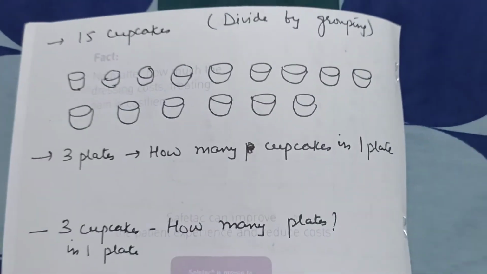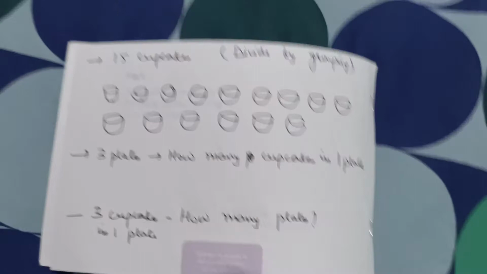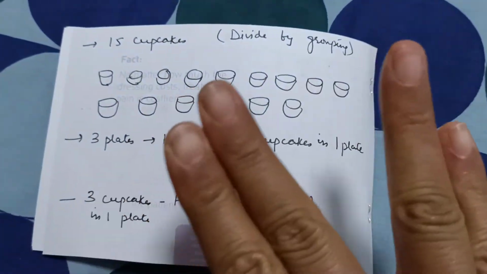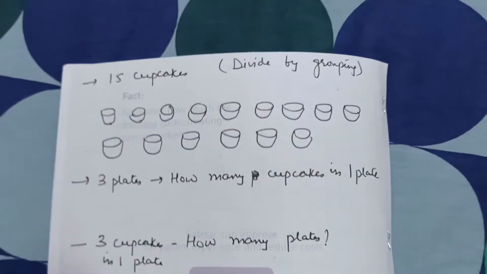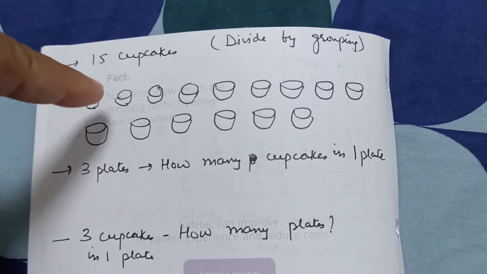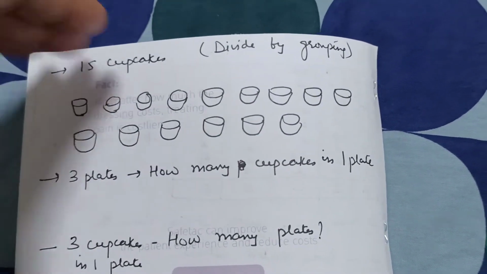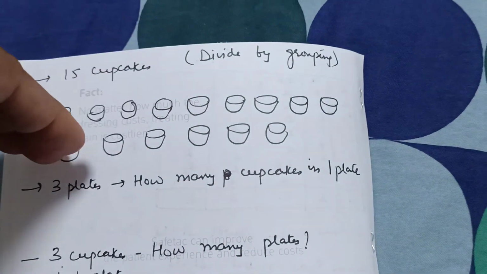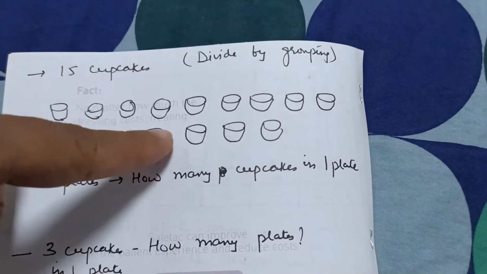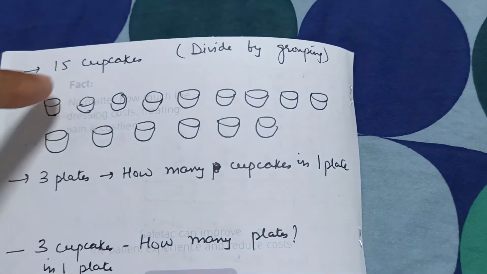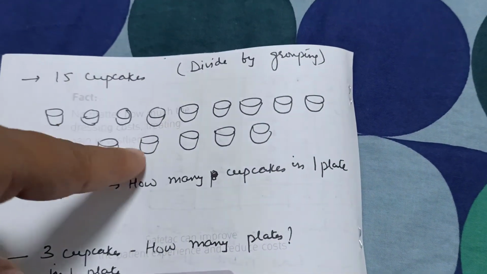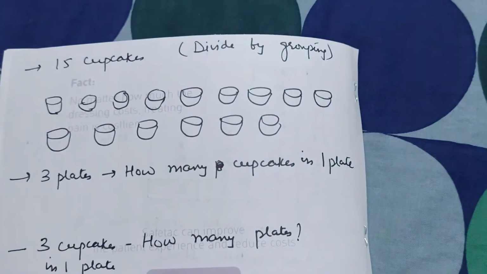Again, introducing the division concept because she knows dividing by fingers, like 4 divided by 2 is equal to 2, but now we are going to numbers more than 10 which cannot be done by fingers. So I'm trying to explain how you divide more than 10. You draw it and then you divide by grouping. If I have 15 cupcakes and you have 3 plates, how many cupcakes in one plate? Can you make groups of 3? She'll make groups of 3 and figure out, oh, you have 5 groups.